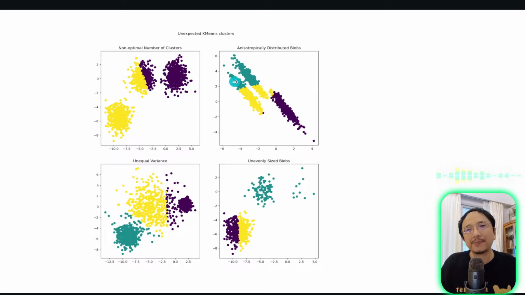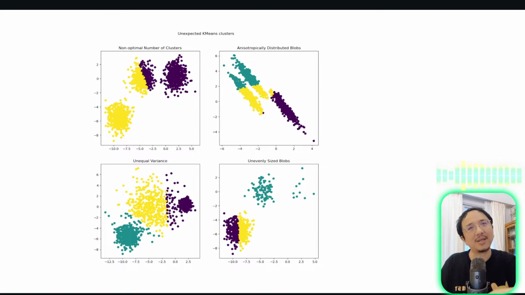For example, in this case, we intuitively think this guy is a cluster, and this guy is a cluster, and this guy is a cluster. So although this point and this point should be in the same cluster, their distance is much larger than the distance between this guy and this guy. So the distance is not the only criterion for determining which points should belong to the same cluster.